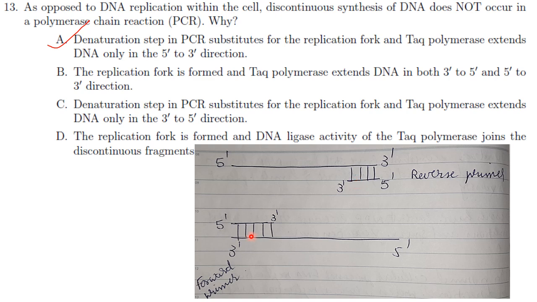The primers anneal, forward primer anneals here, reverse primer anneals here. And the newly synthesized strand will be in 5' to 3' direction. So first option, denaturation step in PCR substitutes for the replication fork and Taq polymerase extends DNA only in 5' to 3' direction. So the answer here is option A.